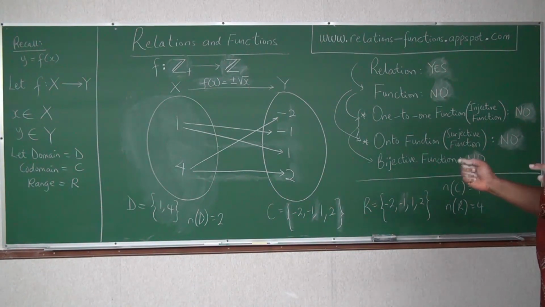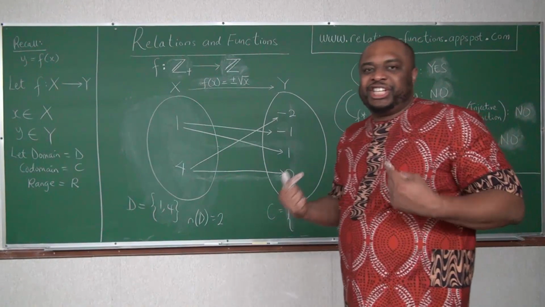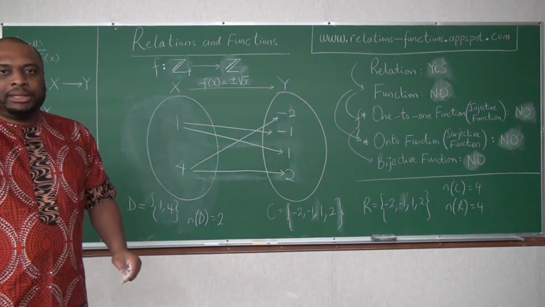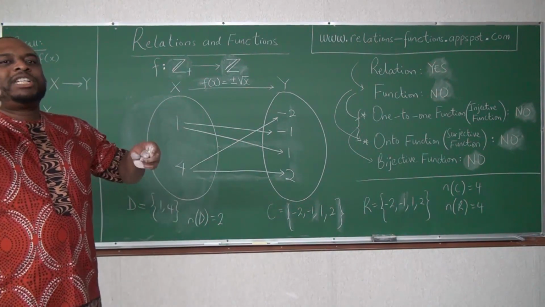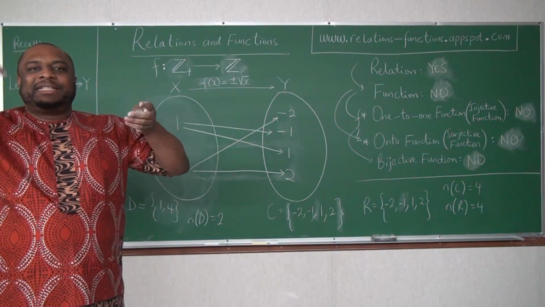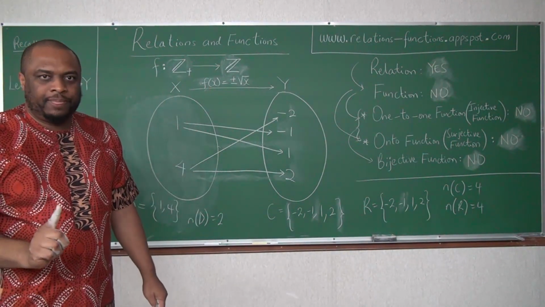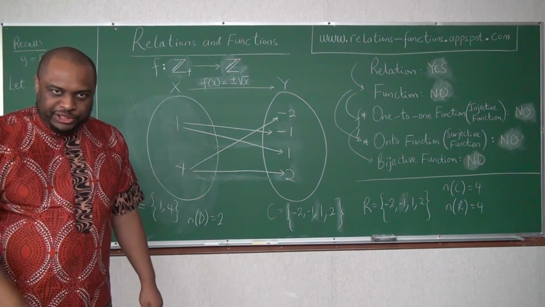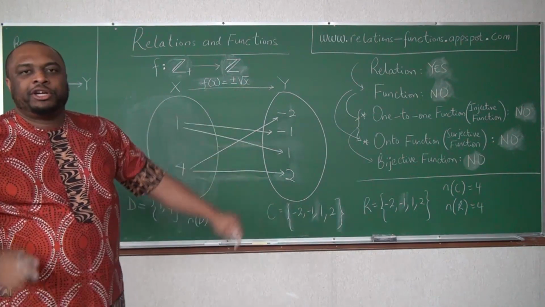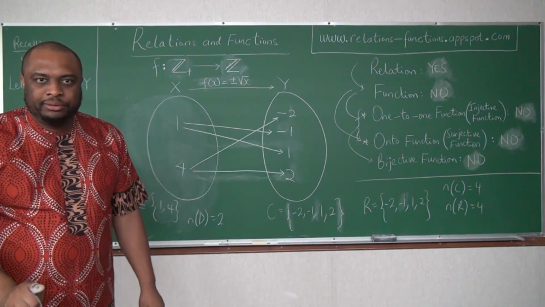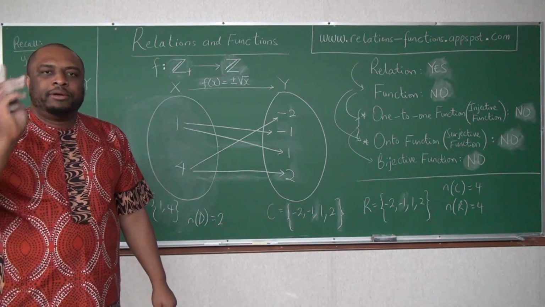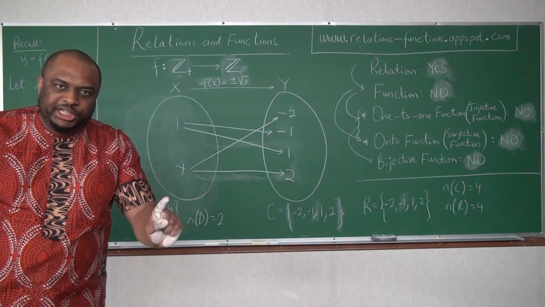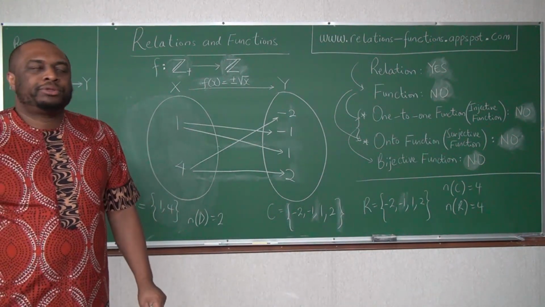With a 1-to-1 function, or injective function, we say 1-to-1, which means that it is first and foremost a function. A 1-to-1 function, number one, is a function. Just like a function, number one, is a relation. A function is a relation in which for each input there is a unique output.